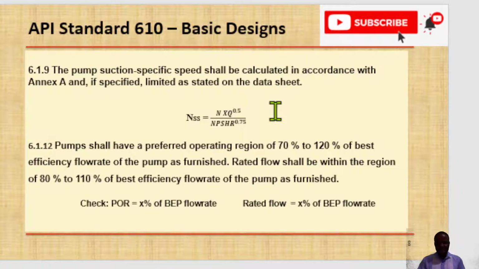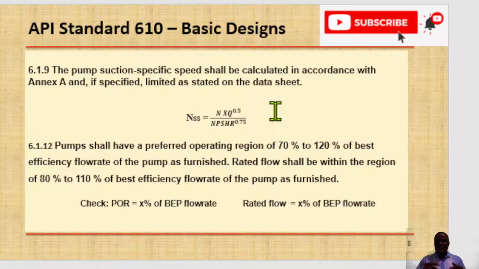11,000 USC units. Okay? Now, another thing that you need to also check for during the technical evaluation of a centrifugal pump, as per API 610, is that if you look at some of the basic design conditions as stated in API 610, it is stated there that the pumps shall have a preferred operating region of 70 to 120% of best efficiency flow rate of the pump as furnished.